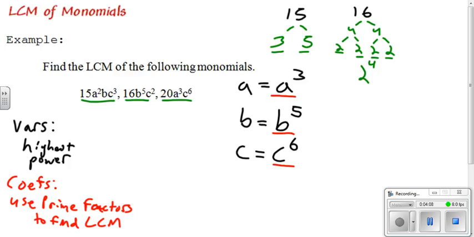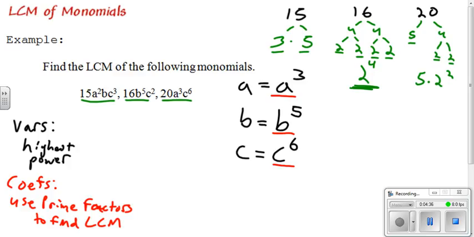So the prime factorization of 15 is 3 times 5. Prime factorization of 16 is 2 to the 4th power. And we need the prime factorization of 20. 20 can be broken down into 5 times 4. 4 can be broken down into 2 times 2. So we'd say it's 5 times 2 squared.